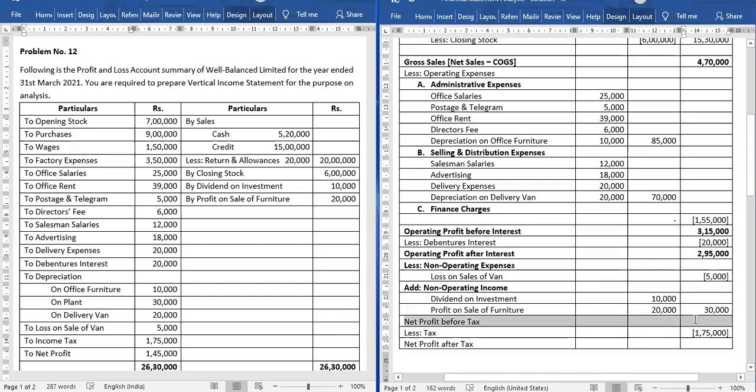Net profit before tax is equal to how much? 2,95,000 minus 5,000, it becomes 2,90,000. Add 30,000, then net profit before tax is equal to 3,20,000, less 1,75,000 tax. Then net profit after tax is equal to 1,45,000. See, net profit after tax 1,45,000, and here in the trial balance, see, net profit 1,45,000.